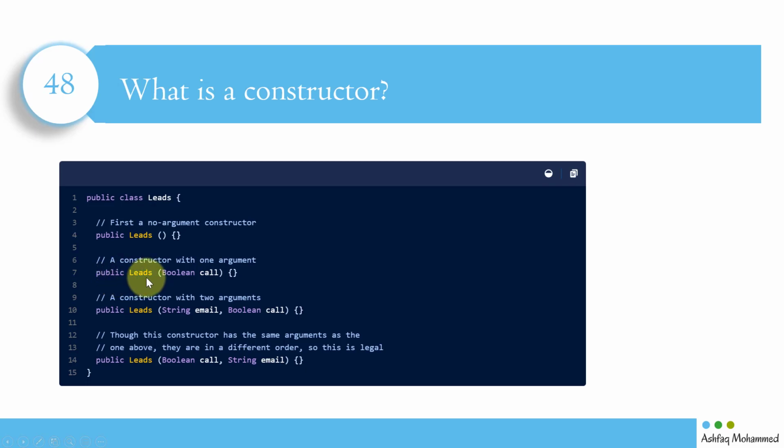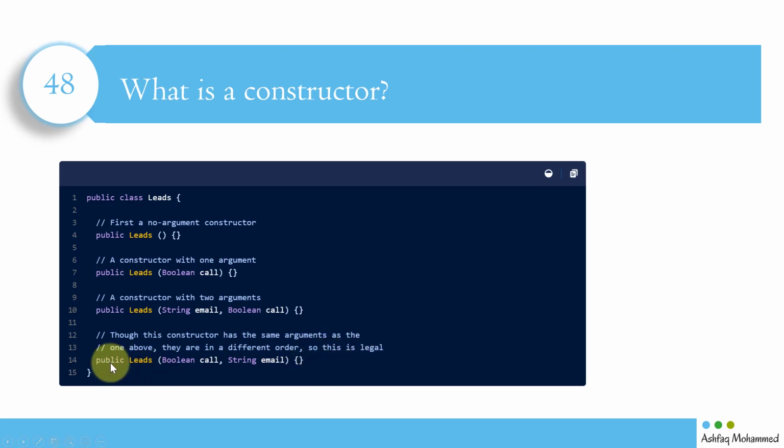So I've created another constructor with one argument called Boolean call. Then there is another constructor with two arguments, public lead again, string email and Boolean call. So this constructor is with two arguments. Though this constructor has the same arguments as the one above, they are in a different order. So this is legal.